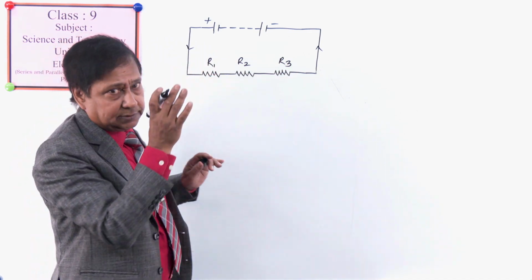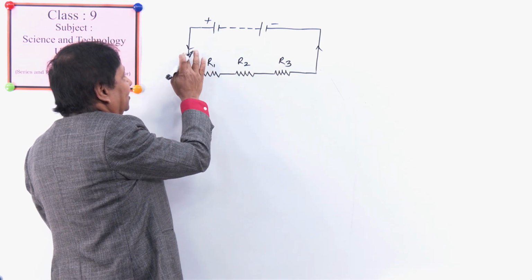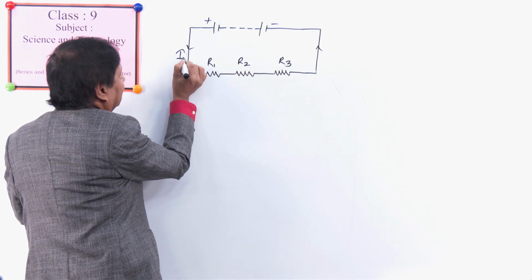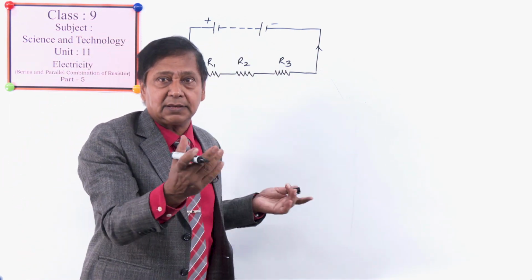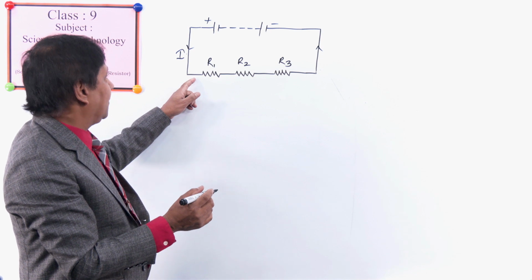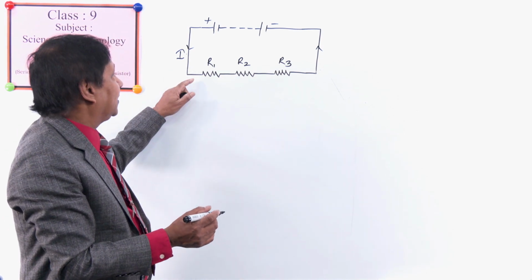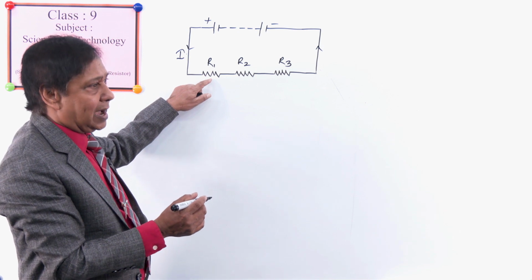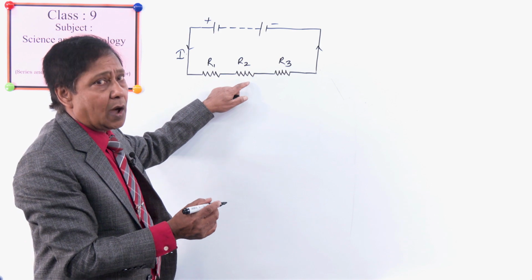And what do you think? Current which flows in this main circuit, which is represented by I, do you think the same flows through each of the resistors? Yes. For the flow of current, there is only one path. If current I flows through R1, I mean to say first resistor, then the same current passes through R2 also.